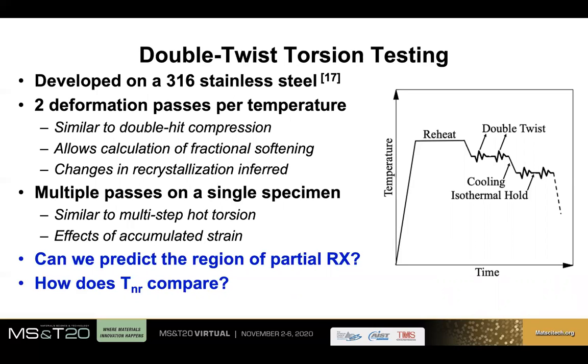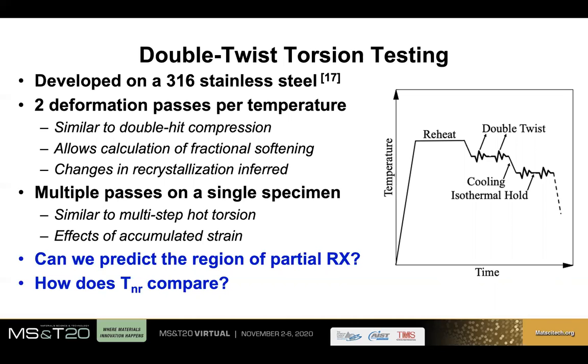And the general process for this, there's a schematic on the right-hand side, is to reheat to dissolve any microalloying additions, in the case of a microalloyed steel, cool to the first deformation temperature, and apply a pair of torsional isothermal deformation passes separated by an inter-pass time. So this is similar to a double hit compression test, and it allows us to calculate the fractional softening at a given temperature. And from these fractional softening calculations, changes in recrystallization behavior can be inferred.